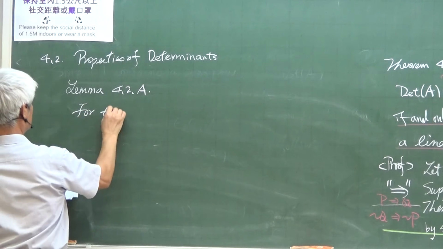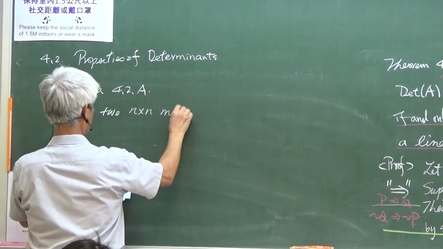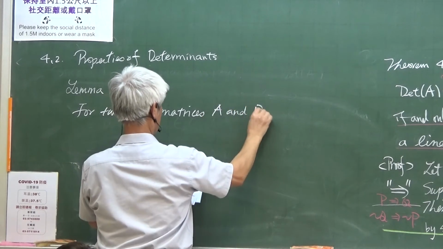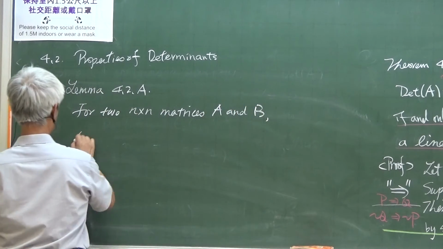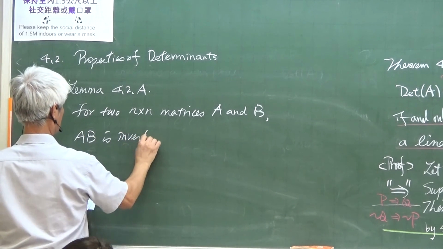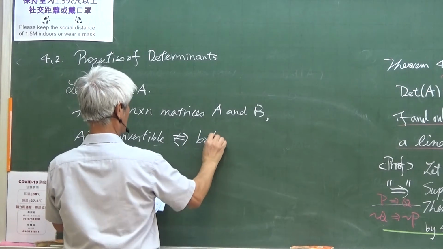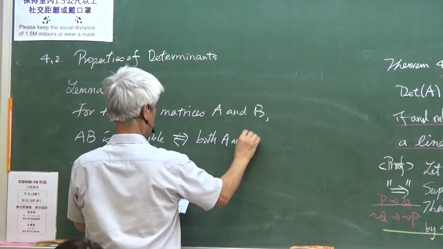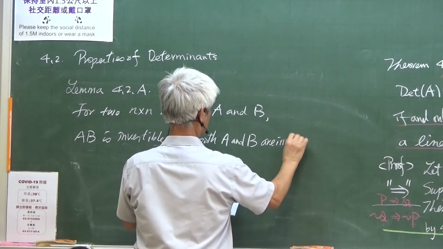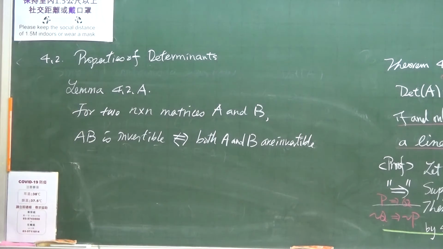For two n by n matrices A and B, the product is invertible if and only if both A and B are invertible. So we start with such a lemma.